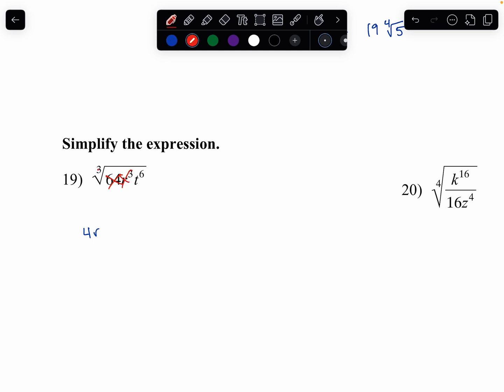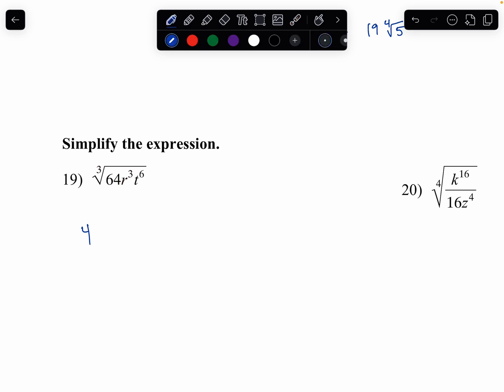And then the third root of, so how about I explain it this way? I know that the third root of 64 is 4. Now, I'm trying to see how many times 3 will go into these exponents right here. So how many times does 3 go into 3? Once.